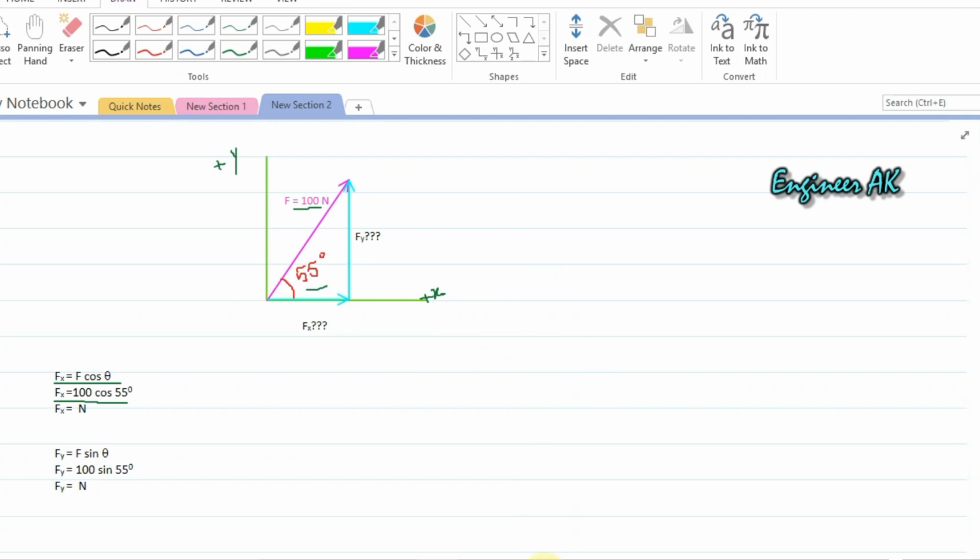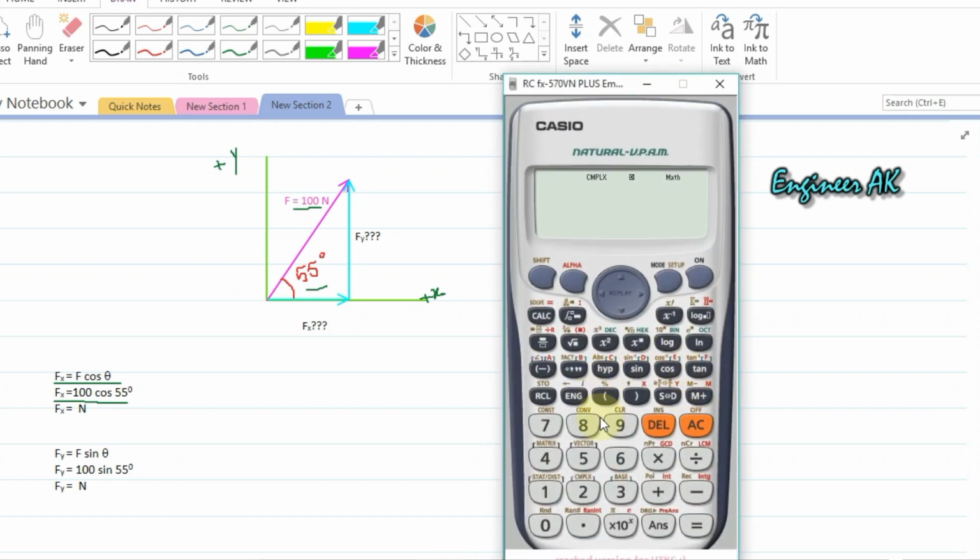So let me first clear it. 100 cos of 55, so we are getting 57.35.